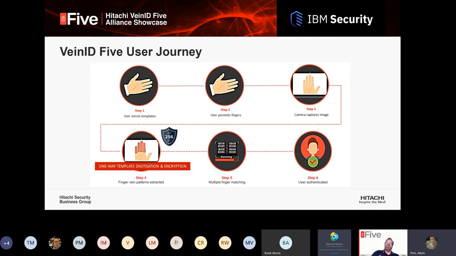And as we see more and more organizations start to implement tougher password policies, up to 16 characters we're seeing, and we've even heard of another organization that's talking about 32 characters, it becomes increasingly difficult and expensive to look after and manage passwords. So finding a better way, and we believe Vein ID 5 provides that, to enable users to authenticate to the services they need to, is absolutely fundamental.